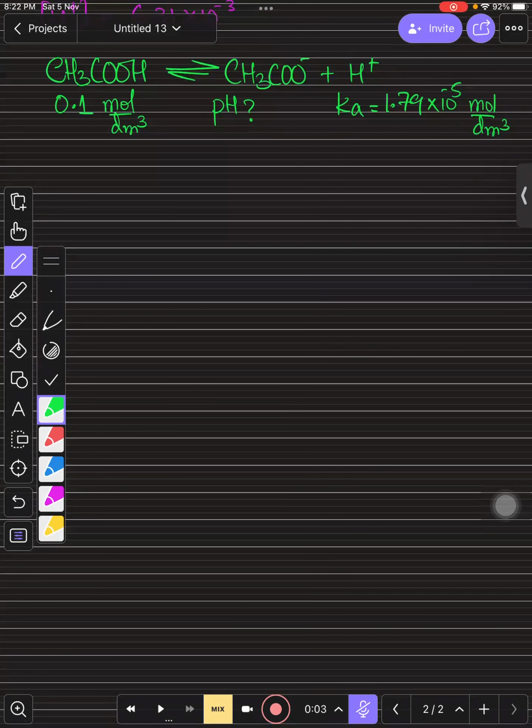We can write the equation of Ka. Ka will be concentration of product over concentration of reactant. This is CH3COOH, right? Then we just need to put the values to get the answer, right?